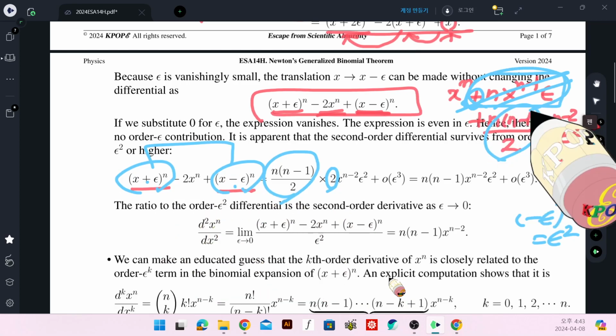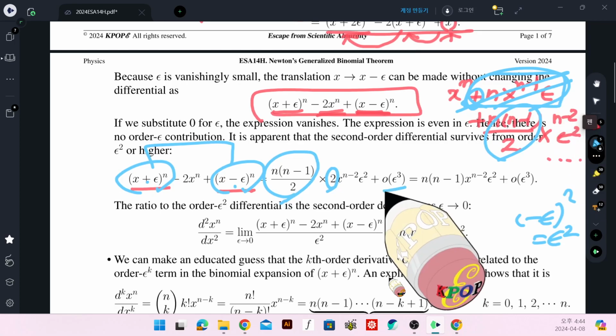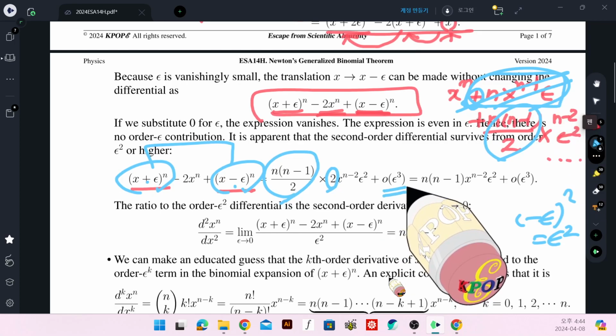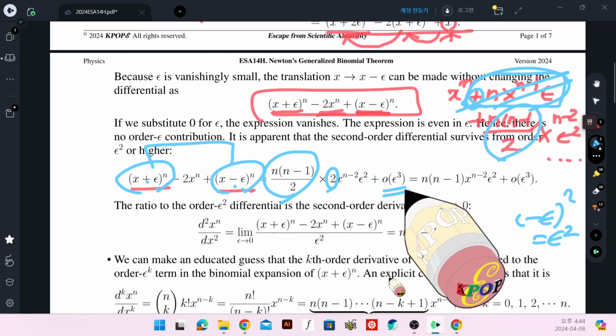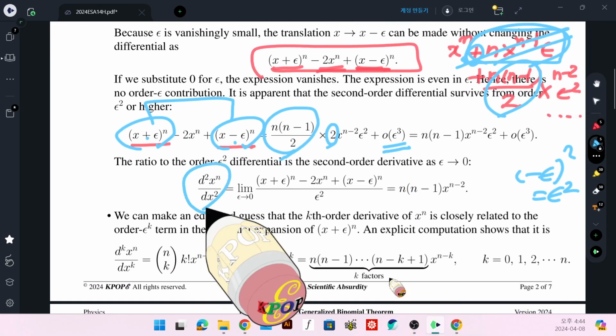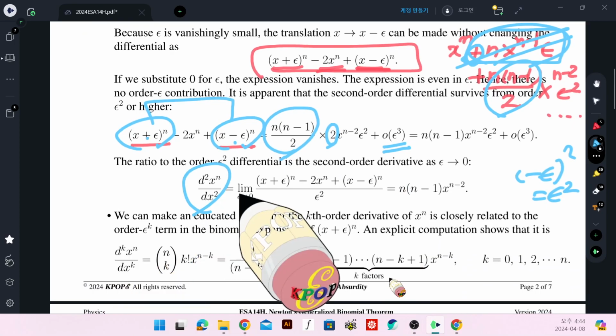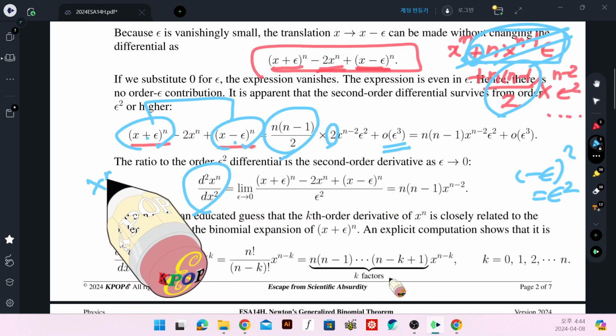And the leading contribution and the previous order epsilon contribution cancel exactly. And then we have remaining pieces that are of order epsilon cubed or higher. As a result, I can take the second derivative of x to the n directly.